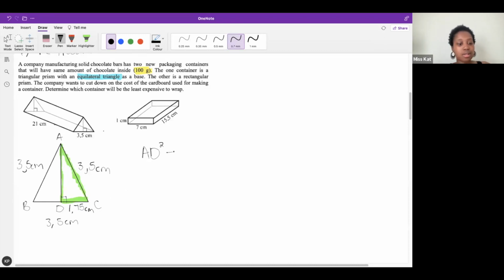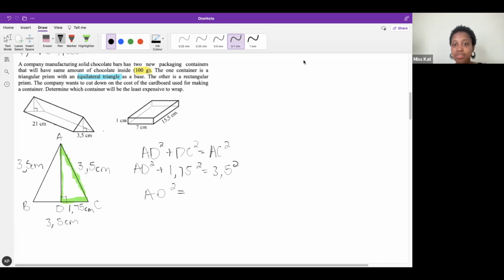AD squared plus DC squared equals AC squared, right? Now, AD squared is what we're trying to find out. But we know DC is 1.75 squared and AC is 3.5 squared. So then AD squared equals, what's 3.5 squared? Is that the 15.31, Theo? Or is that the final answer?